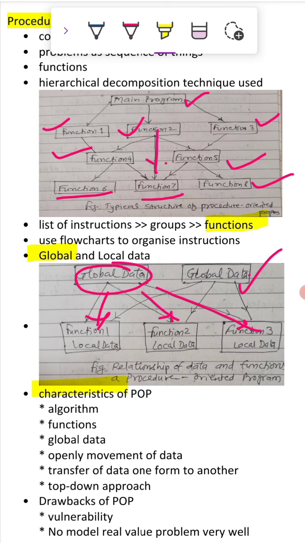Large programs are divided into smaller programs known as functions, and most of the functions share global data.